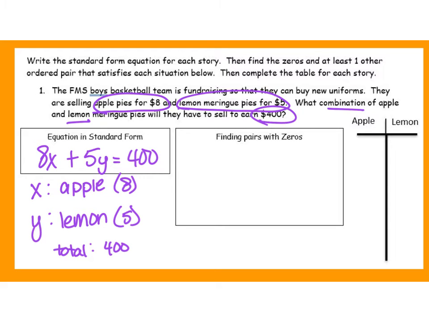The good thing is here we can also use zeros, and find the two extremes. So let's say the basketball team sells no apple pies. How many lemon pies would they be selling? 50?